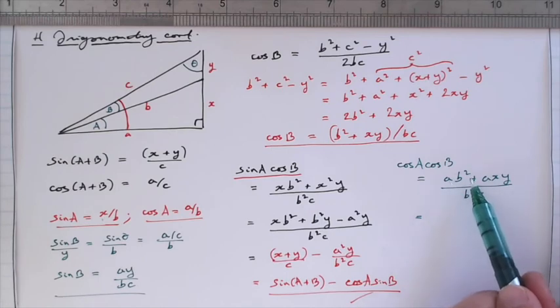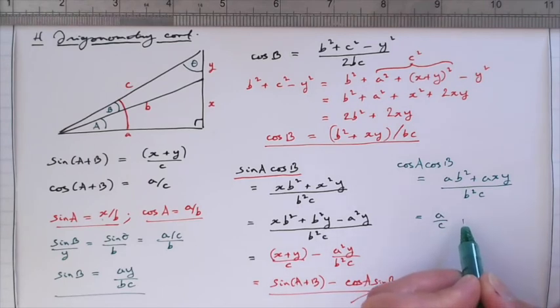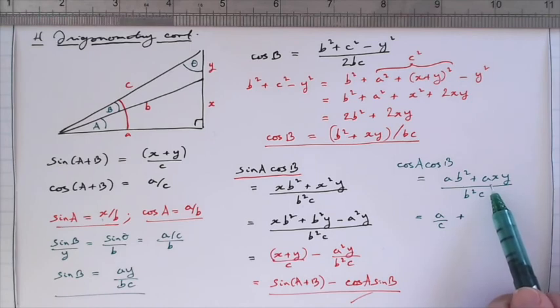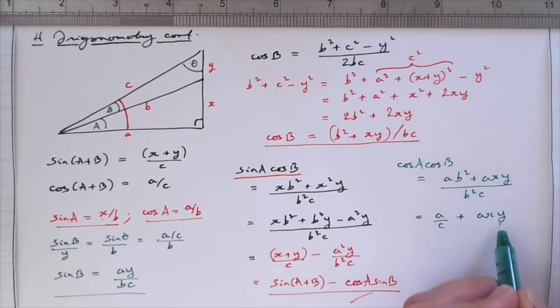This one I think comes out a bit easier, doesn't it? Because we see the first term, I have a common factor of b squared, it's just a over c. And then I have plus, it is what it is, axy divided by b squared c. Well, great.